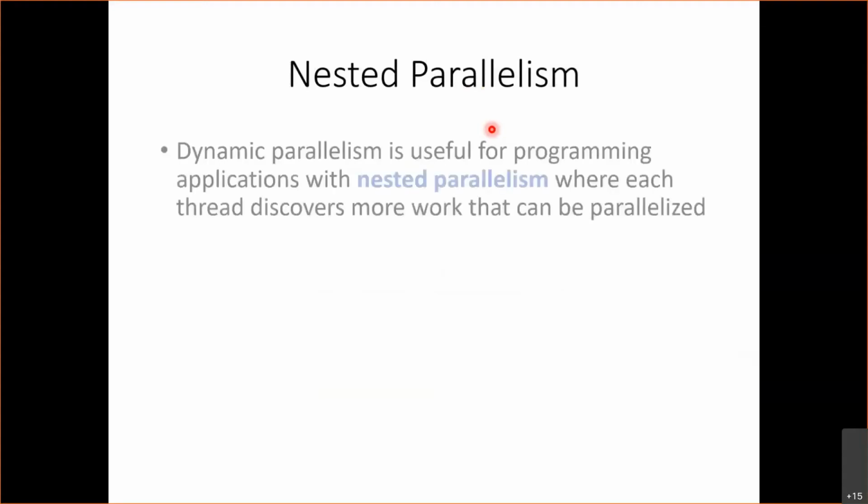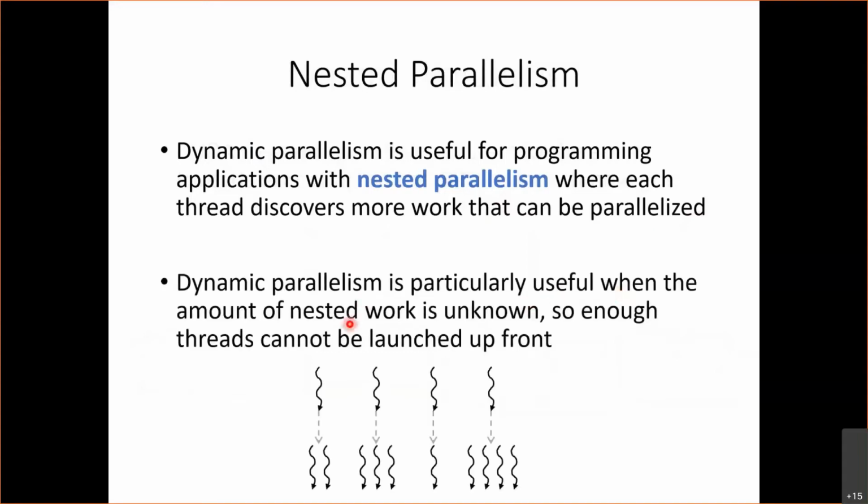Dynamic parallelism is useful when we program applications that have nested parallelism, where each thread discovers more work that can be parallelized as it executes. And like I said, it's particularly useful when the amount of nested work is unknown.